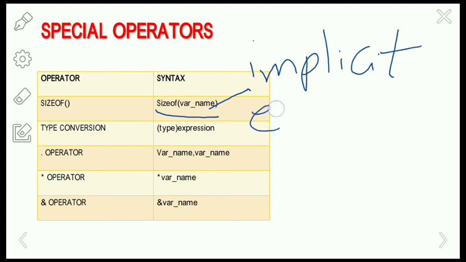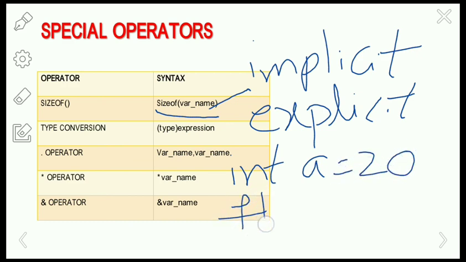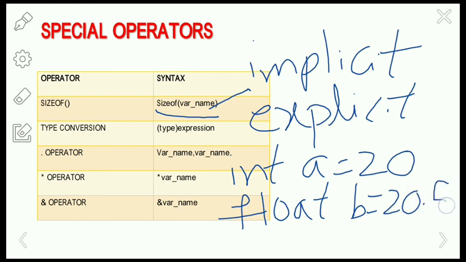Okay, so in the case of the implicit type conversion, it is performed by the compiler when necessary without any commands by the user. So that's why it is called the automatic type conversion. Let us say, for the implicit type conversion, int a equals 20, and float b equals 20.5.